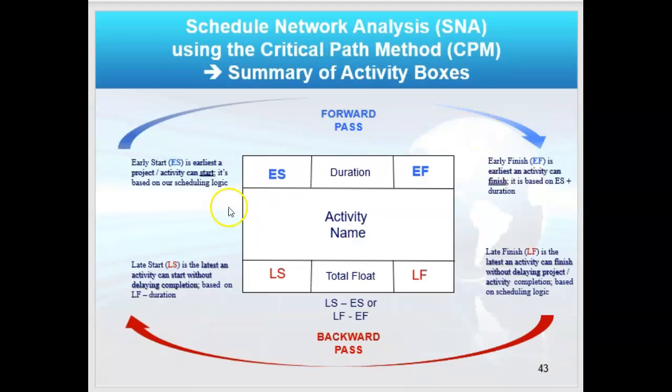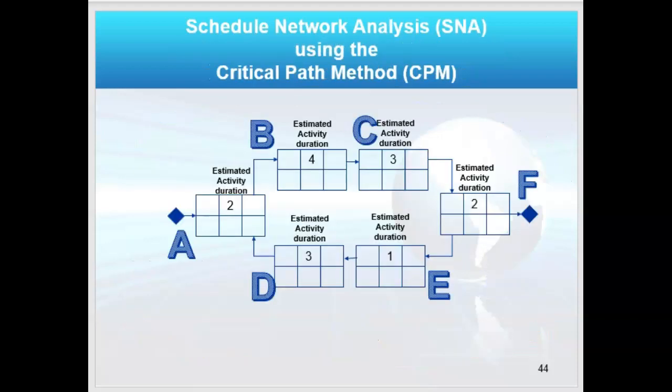The forward pass goes from the early start to the early finish. I've already figured my duration that I had up front. And then the backward pass starts with the late finish for each node or activity and figures out the late start for each one. And this is what it would look like itself.